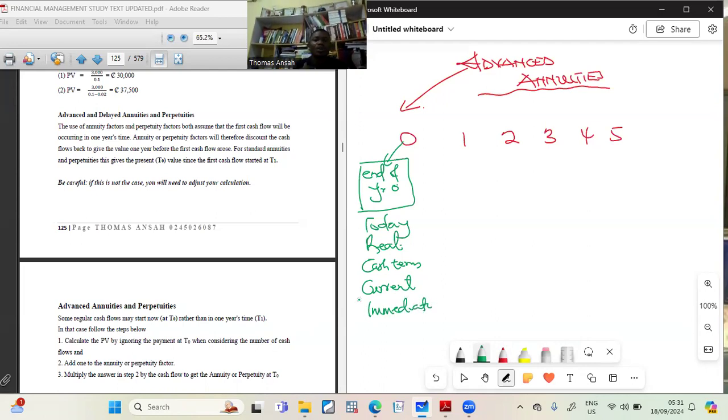So all these words, when you see them in a question, mean the cash flows are commencing from year zero. Now, we are saying that advance means you are standing at year zero. When you do your budget in your office, you are standing at the present, today, to do the budget.